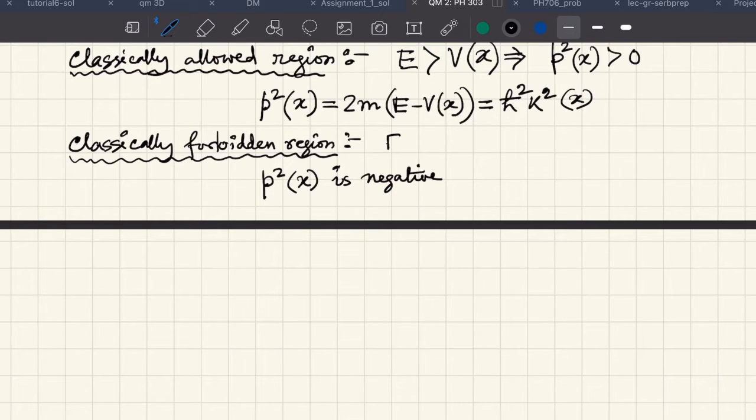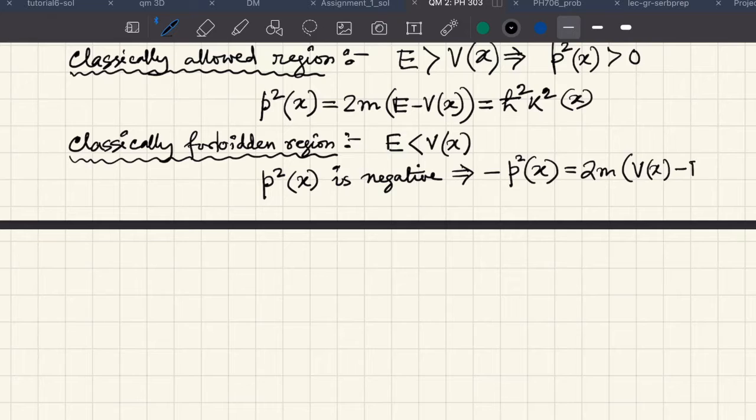That means E is less than V(x). That means minus p²(x) is 2m times (V(x) − E).